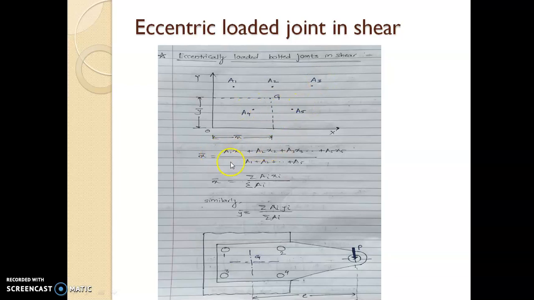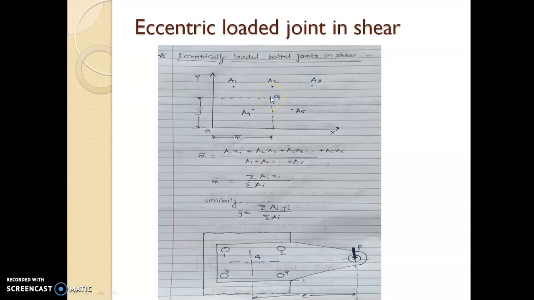So x bar is equal to the summation of ai xi upon the summation of ai, the x coordinate of this centroid.